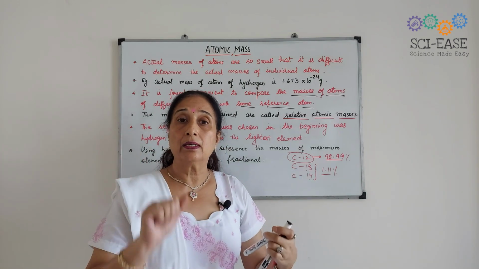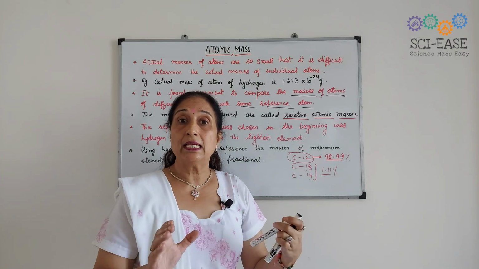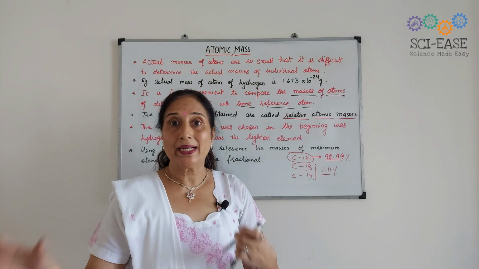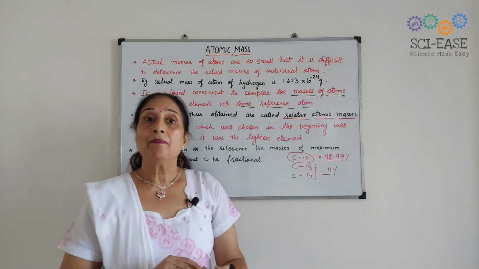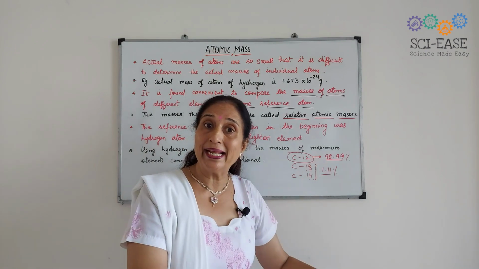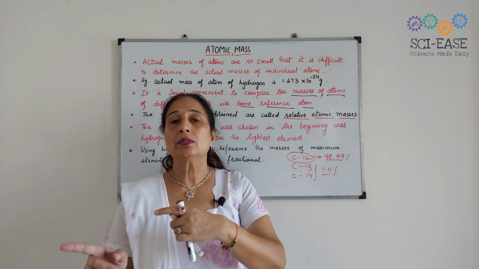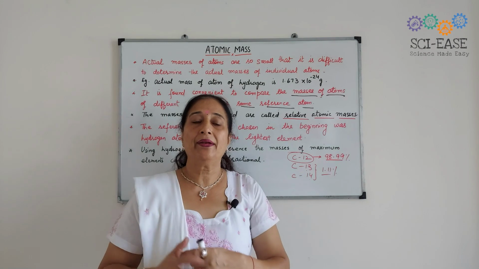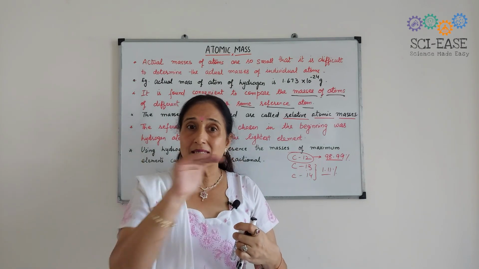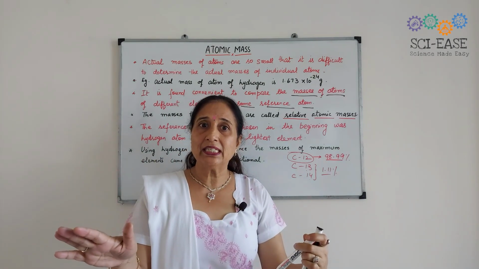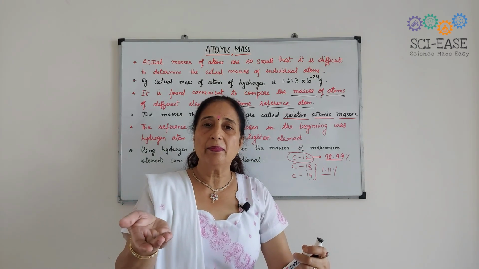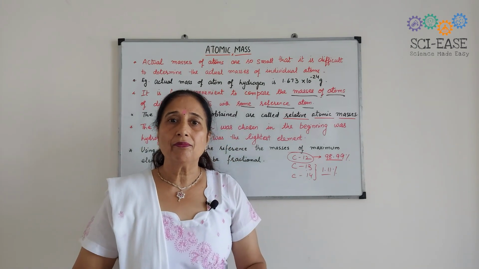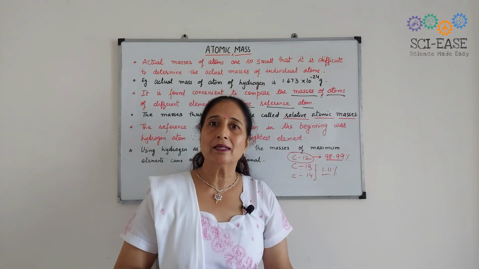We see that its abundance is quite high. And second, it is neither too reactive nor slow in reactivity. So it has a medium reactivity. Like if you take sodium as a reference element, it's so reactive that we can't place it in the air.